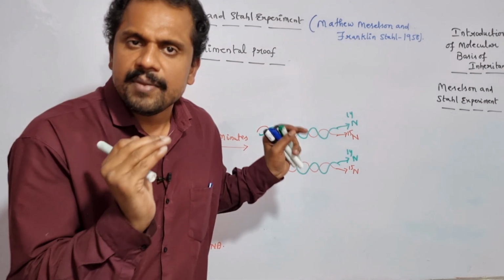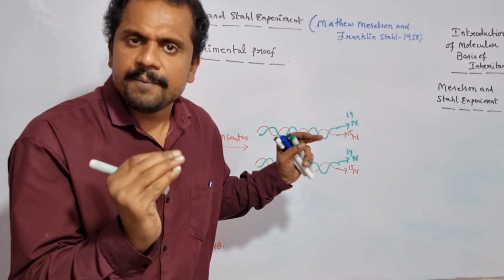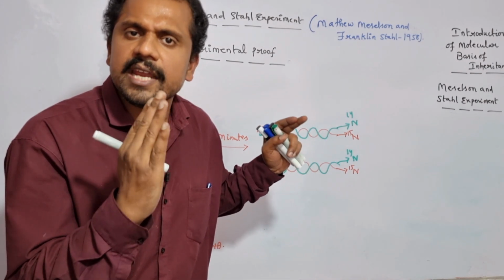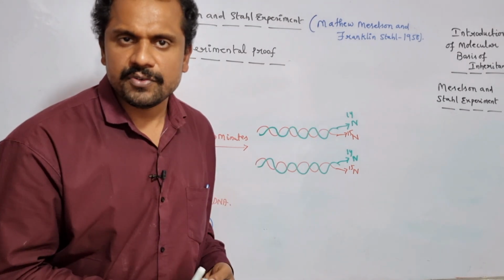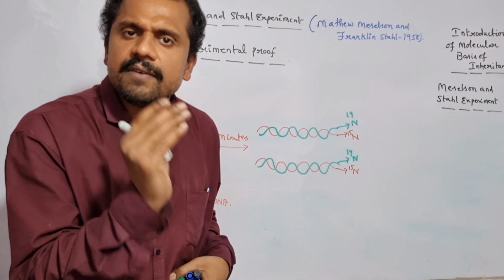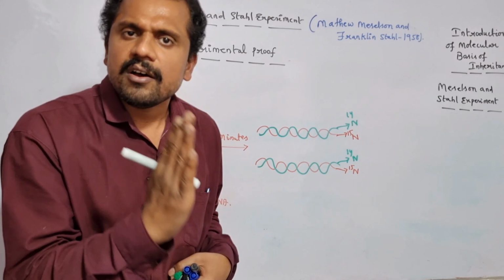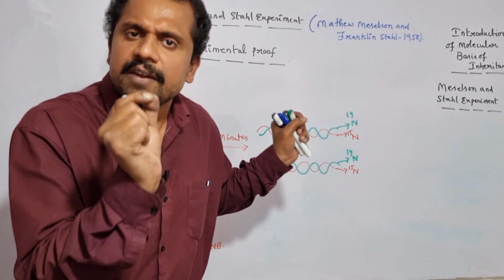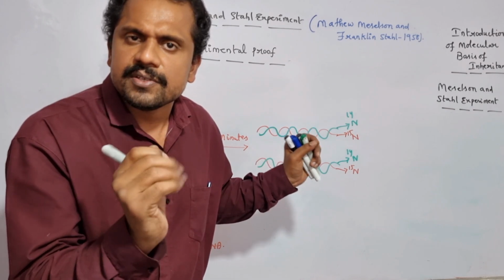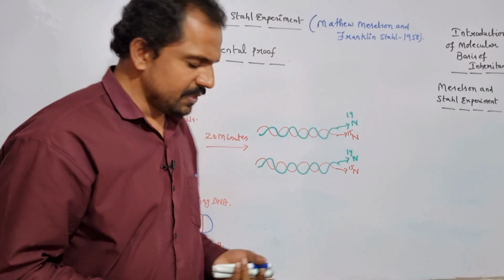Is it clear? Because of the presence of the hybrid DNA, the DNA band pattern was observed at the intermediate position in the centrifuge tube. It was not observed either at the top or at the bottom, but at the intermediate position within the centrifuge tube. So just look at here.